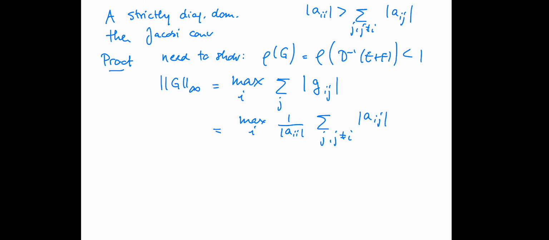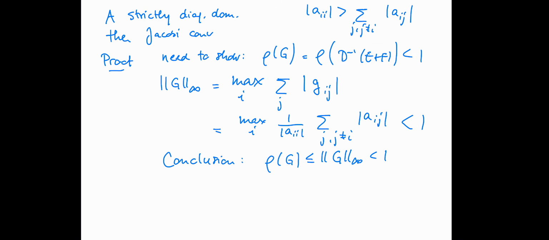So that means that this number is less than 1. So the conclusion is that the spectral radius of our G matrix is less or equal, that's a general property of the infinity norm, which is less than 1. So the conclusion is that indeed for Jacobi we have convergence. So that concludes the proof.